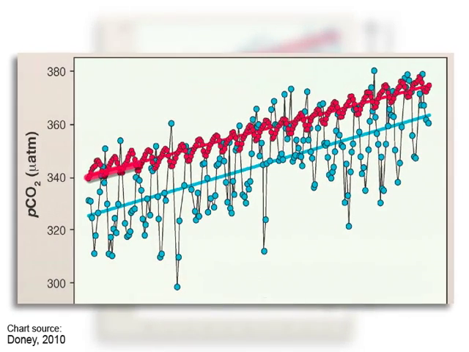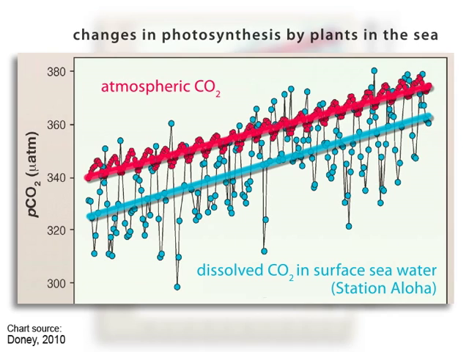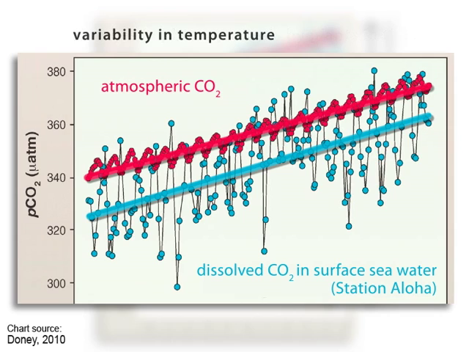First, the red line in the upper graph shows the atmospheric carbon dioxide concentration, with parts per million on the vertical axis. The blue line shows the dissolved carbon dioxide content in the surface seawater. It is more variable and reflects changes in ocean circulation, changes in the intensity of photosynthesis being carried out by plants in the sea, and variability in temperature.